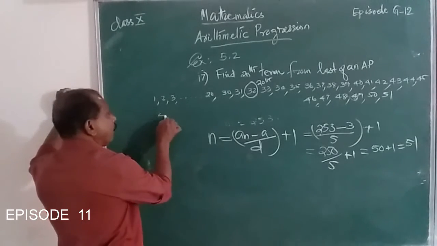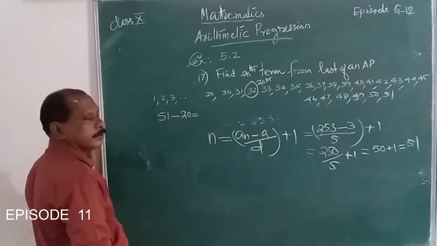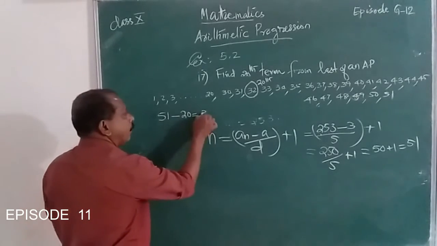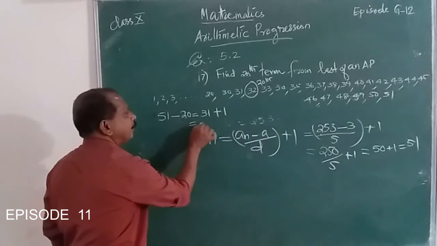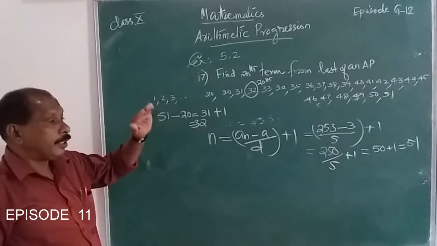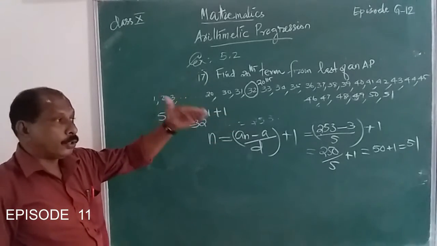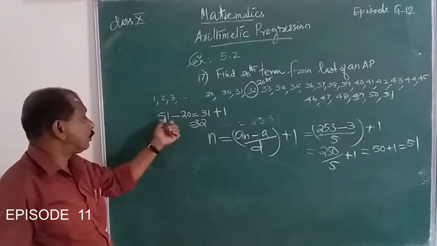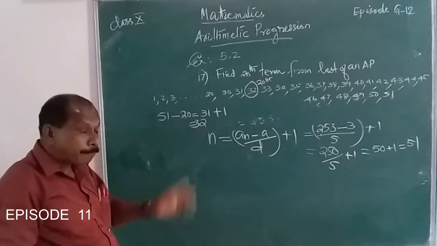That is 51 minus 20, plus 1, which is 32. That means the 20th term from the last term, which is 51, is 51 minus 20 plus 1.